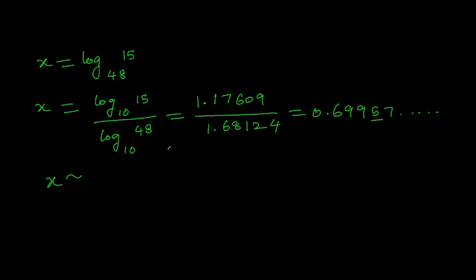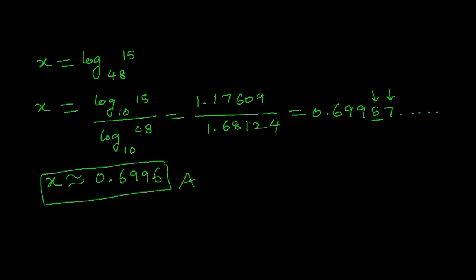This is the 4 decimal places. Look at the next digit, it is greater than 5, so obviously you need to increase this by 1, making it 6. So the final answer is going to be 0.6996. That's all. So this is the answer for the same question but in decimals rounded to 4 decimal places.